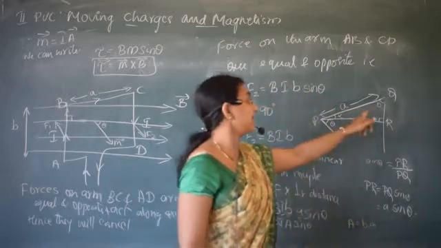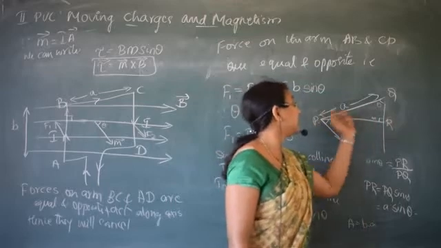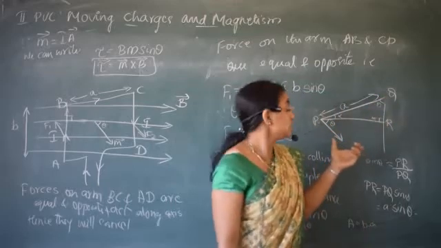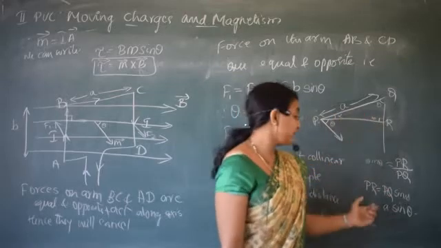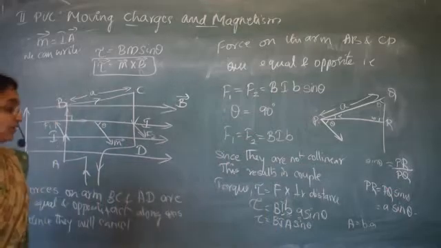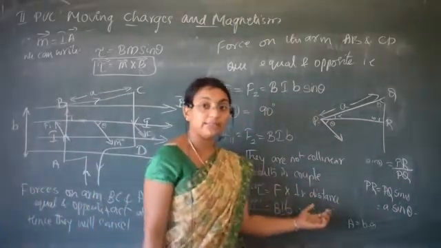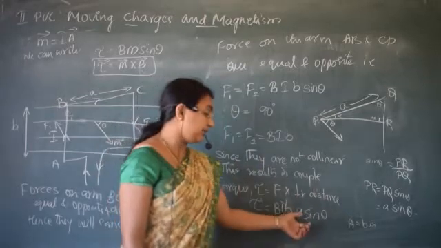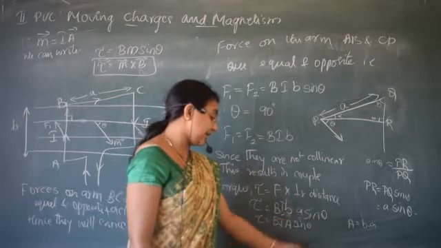Then from this we can write sin theta is equal to opposite by hypotenuse, PR by PQ. We want PR, so PR is equal to PQ sin theta. PQ is a, so therefore A sin theta is equal to PR. So we have A sin theta as the perpendicular distance, and b into a is nothing but area, so I can write BIA sin theta.